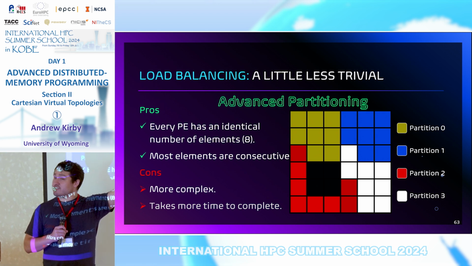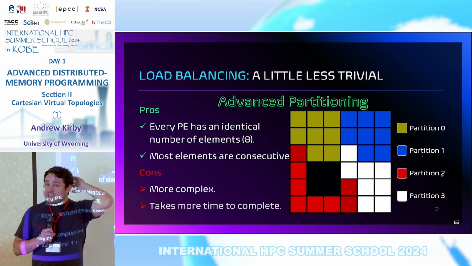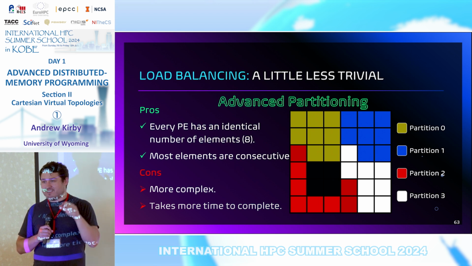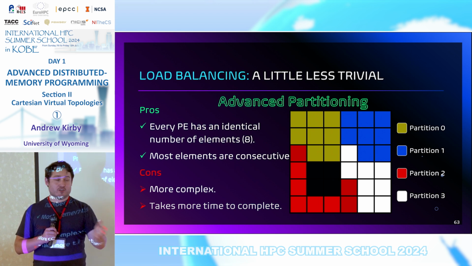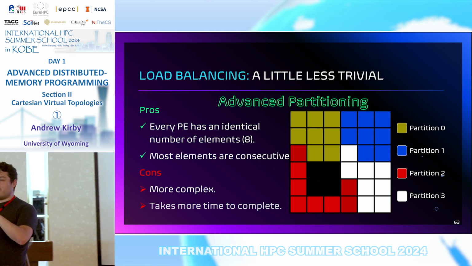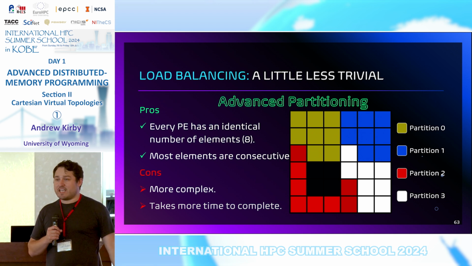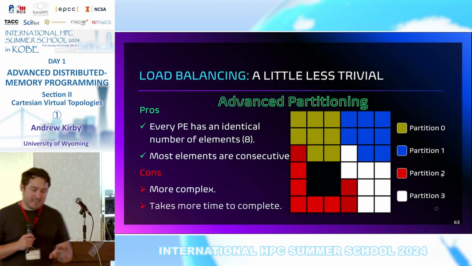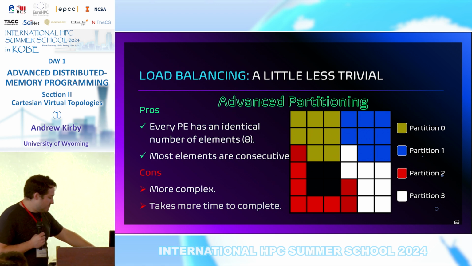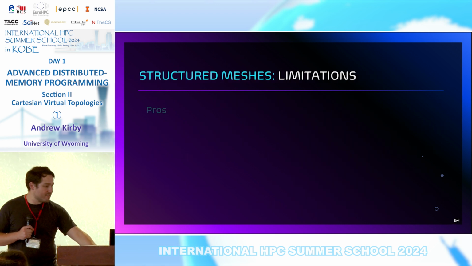And luckily, there are codes that are available to do that. And at the very end, we'll actually do one, and I'll give you an example so you could do this. But it is more complex, and generally, MPI does not care. They're like, hey, you have to tell me how to partition this. I'm not going to do it for you most of the time, okay? But we'll get to that a little bit. Okay, so it's a little more complex, right?